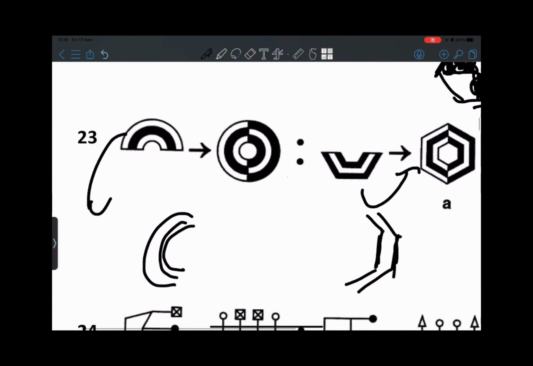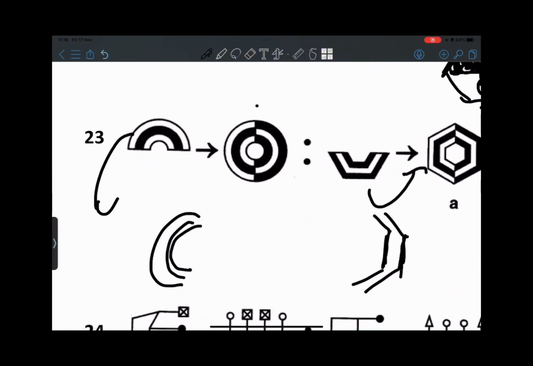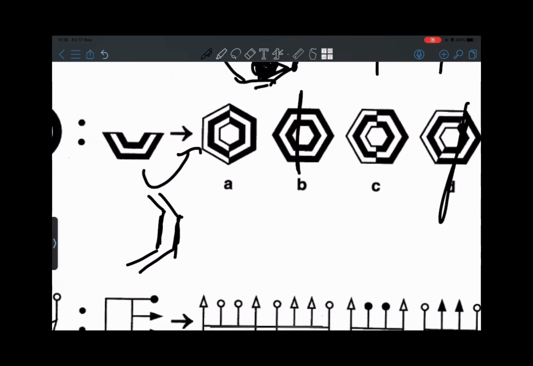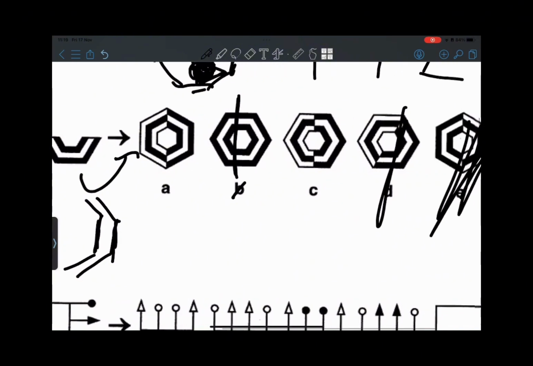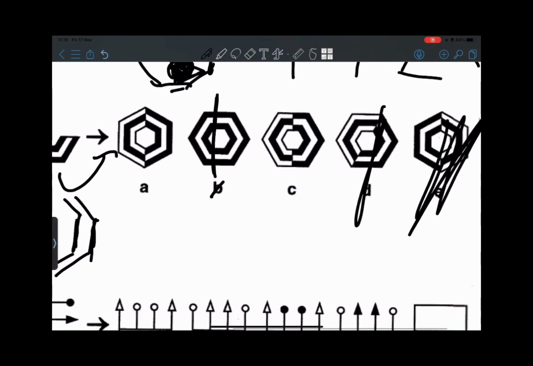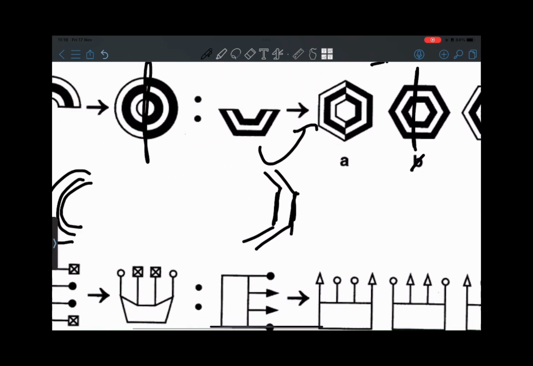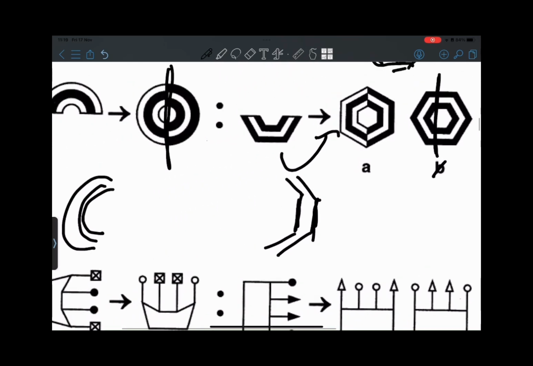So you flipped this, you've rotated this, and then you get a symmetry, and it's the opposite colours. So we just need a symmetry of this. Obviously it can't be B because it's the same colours. We have to figure out if it should be A or C. You can see it's like this, the dividing.